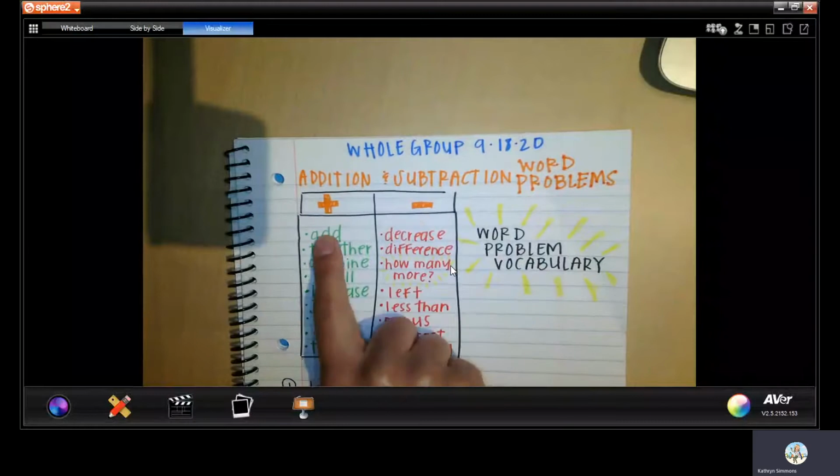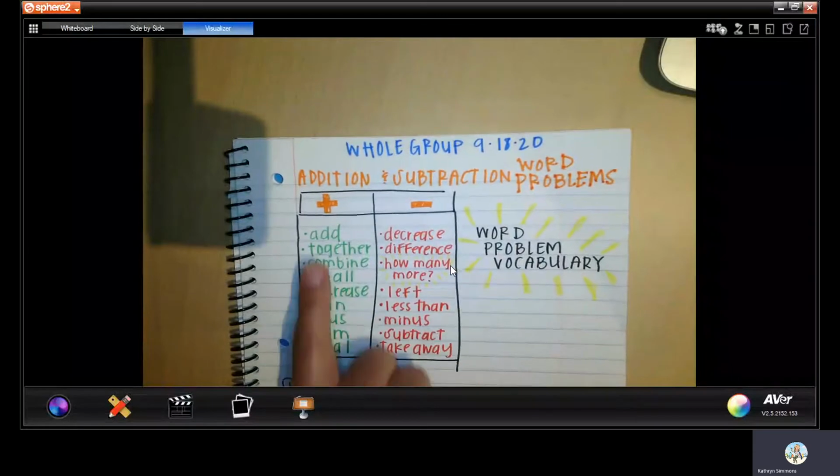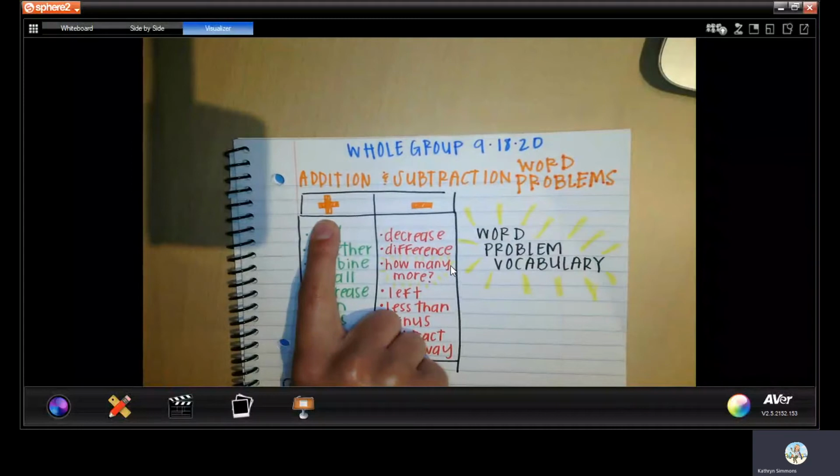When I see these words in a word problem: add, together, combine, in all, increase, join, plus, sum, and total, I know I'm going to be adding.